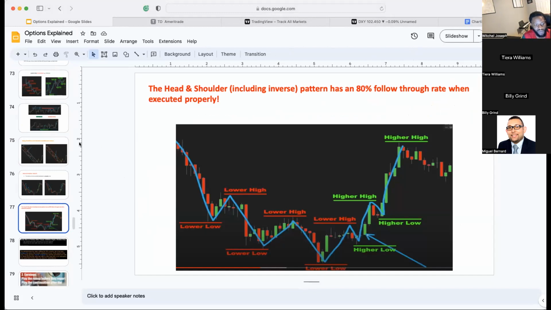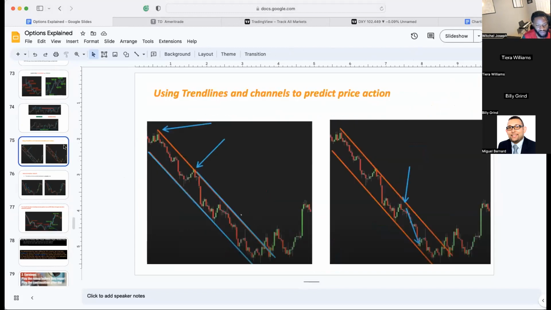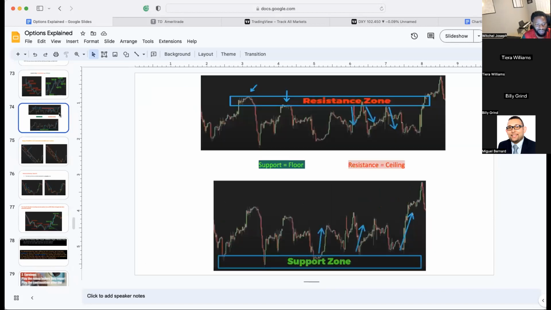Oh, there's one more thing I want to show you guys, and I'm going to go to the charts after this. Channels. Last time I showed you guys resistance zones and support zones. If you draw a box where the floor is based off the range that the stock's been moving in, and you draw a box where the ceiling is, those can be your buy zones and your sell zones.